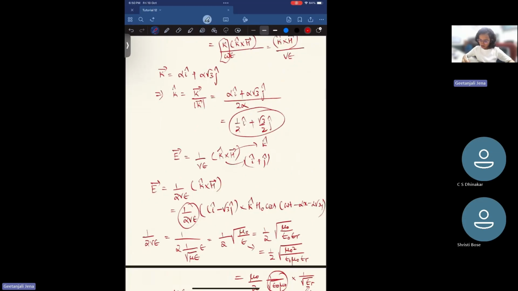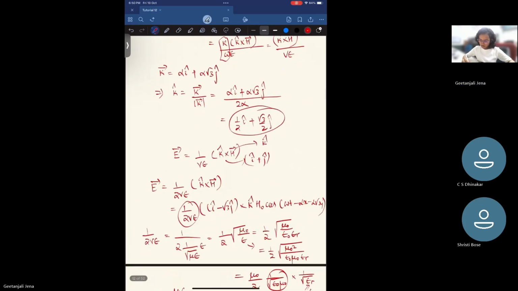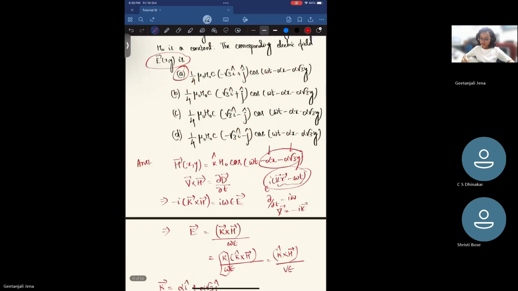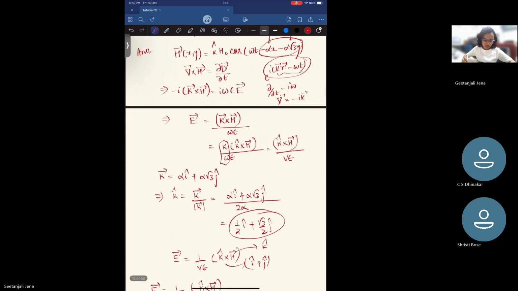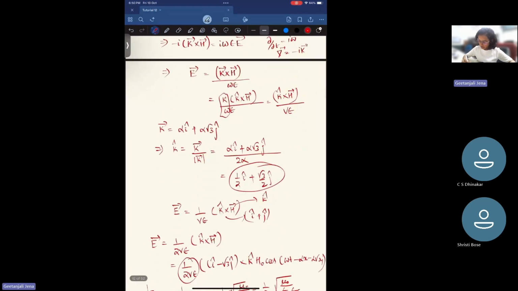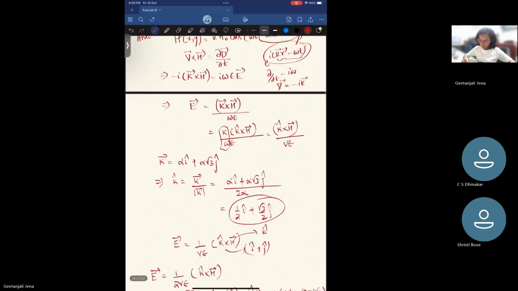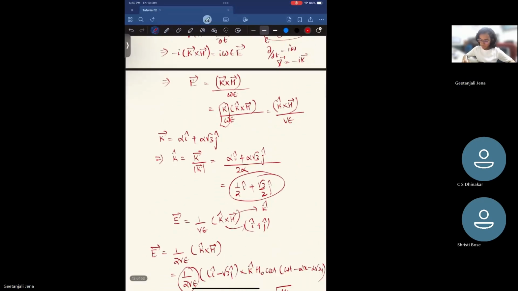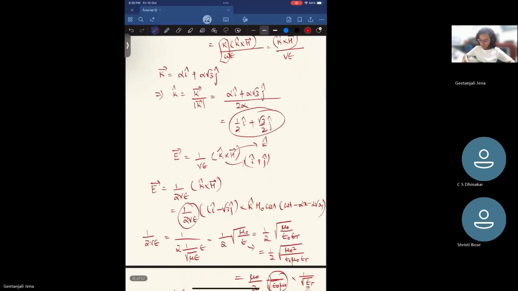Magnitude, is there any problem? Root 3 I minus root should be... I will minus J. Okay, so there is a problem here.